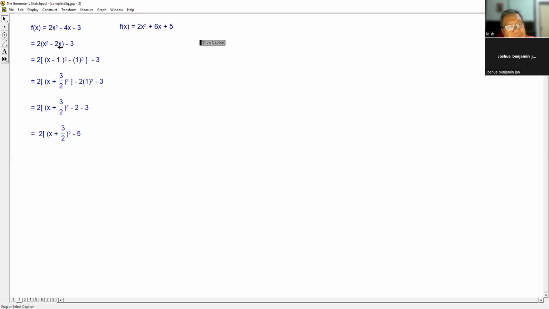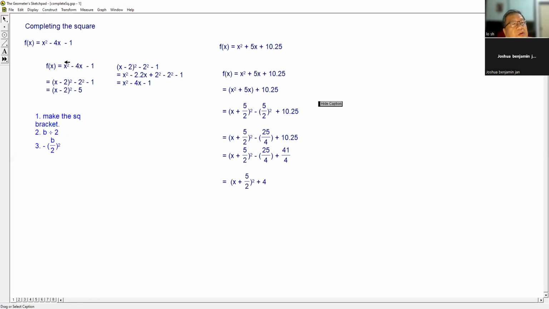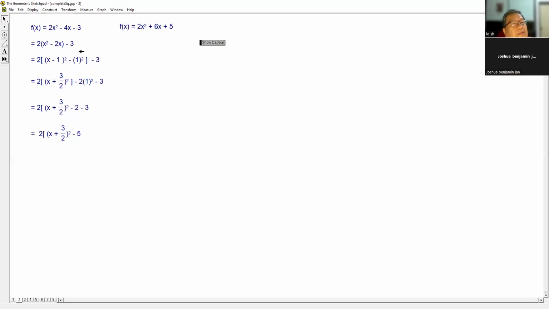So now the problem x squared minus 2x becomes something like this. No more x squared in front. How are we going to complete the square for this? Okay, so we complete the square, create the square bracket.